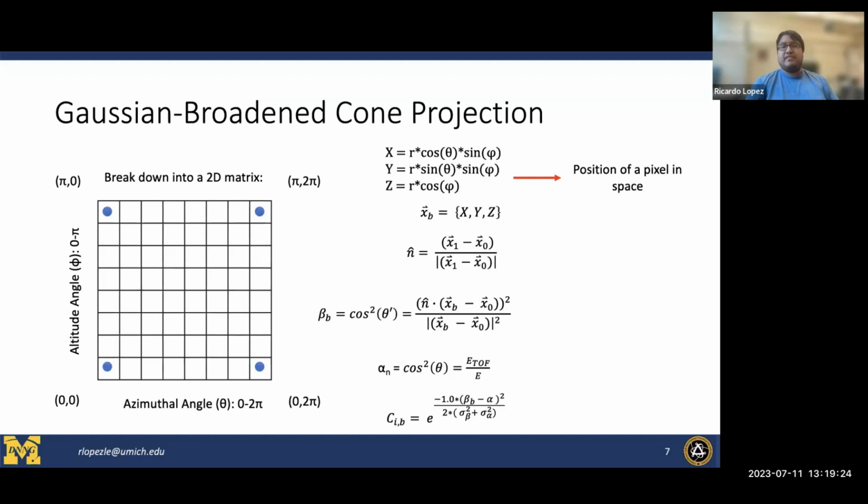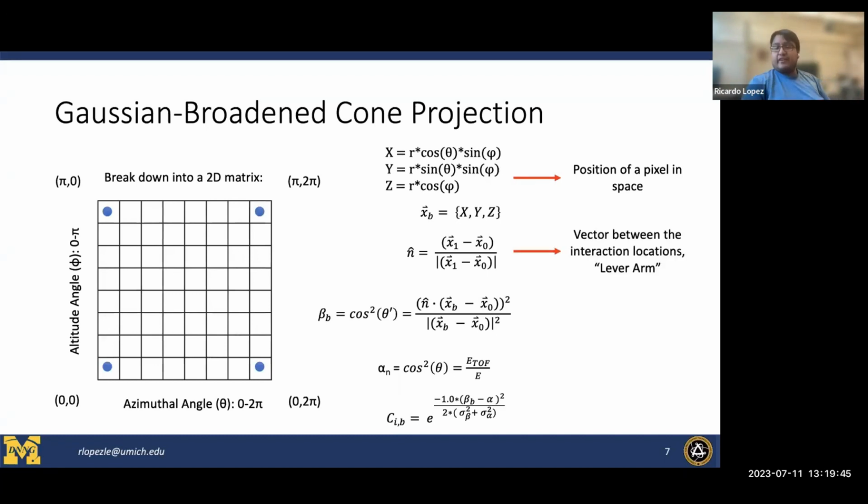What you can do is transform those over to spherical coordinates so that you have a position of a pixel on that spherical surface that you can actually relate back in Cartesian space.